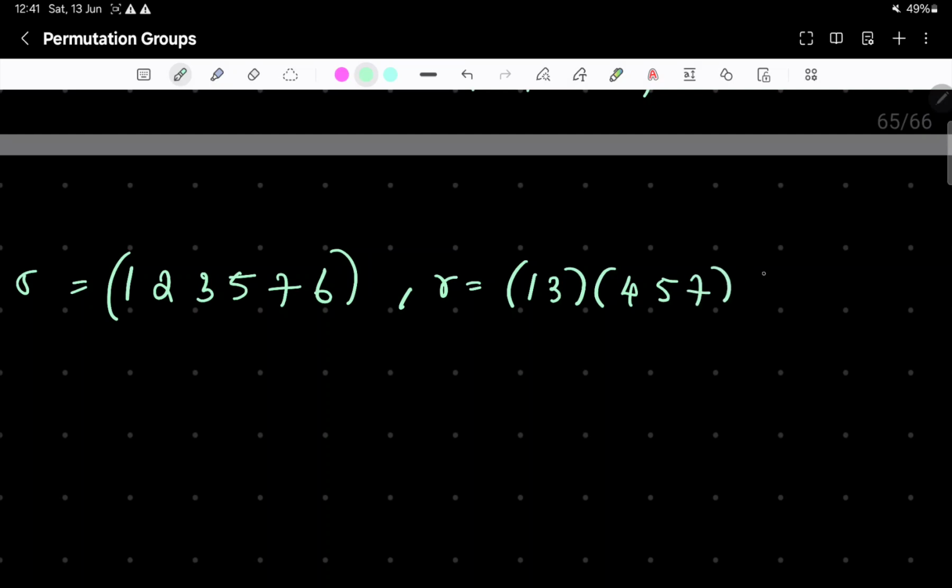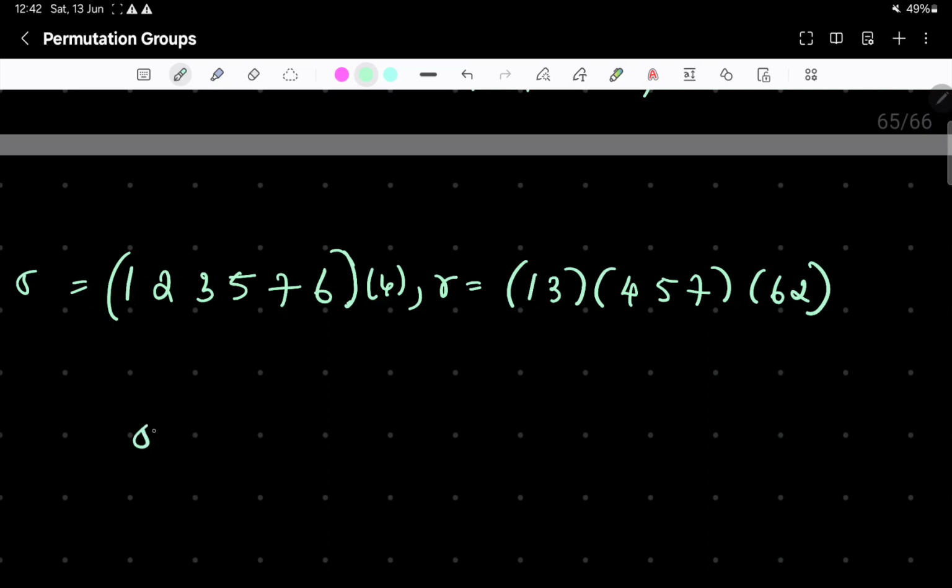Even if you don't write 6, let it be. Let it be 4 too, because it is a 7-element permutation I am looking at: 1, 2, 3, 4, 5, 6, 7.